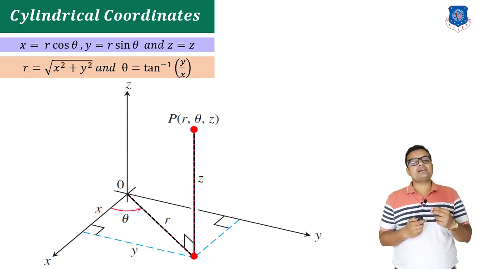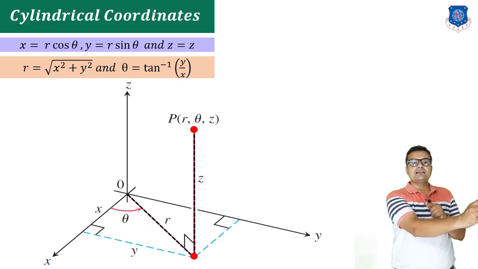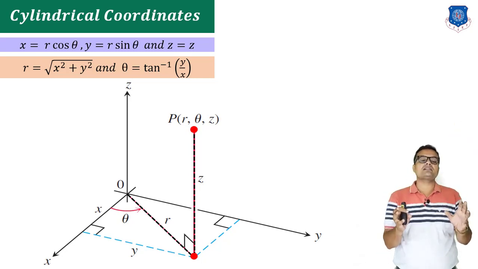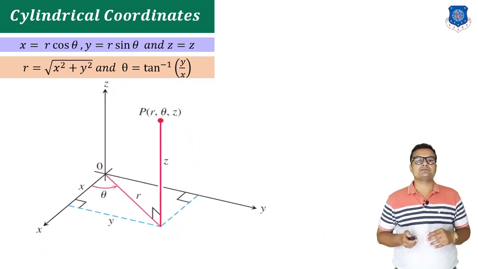So ultimately there are three components in this. First of all, I am taking radius r, which is at angle theta, and then I am taking height z. This is how we are constructing three-dimensional cylindrical coordinates.